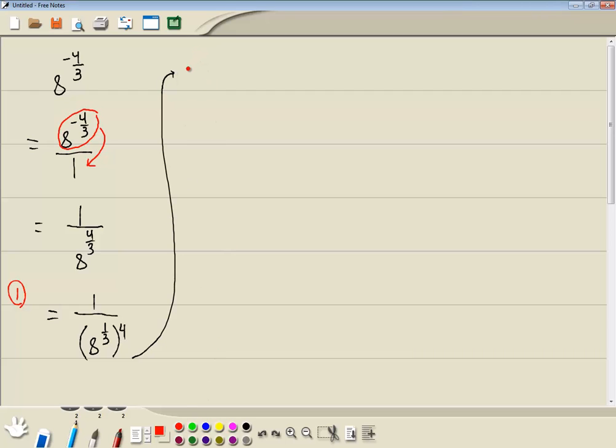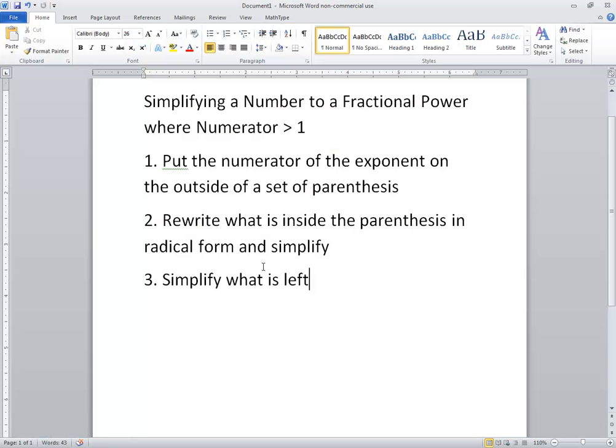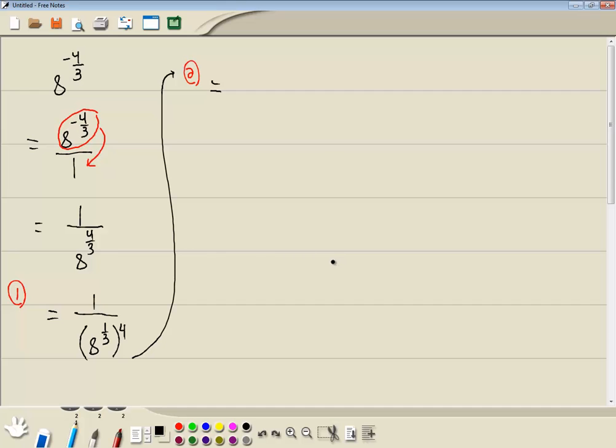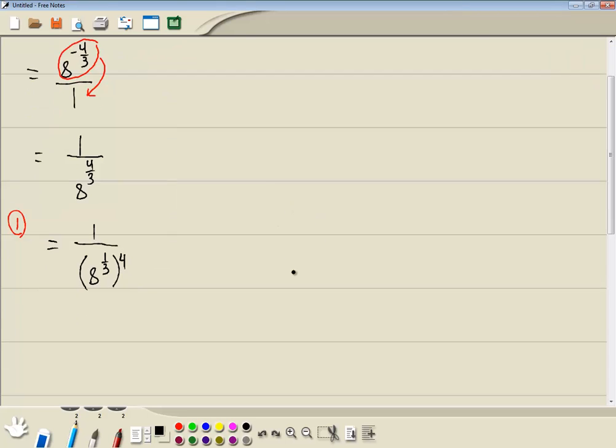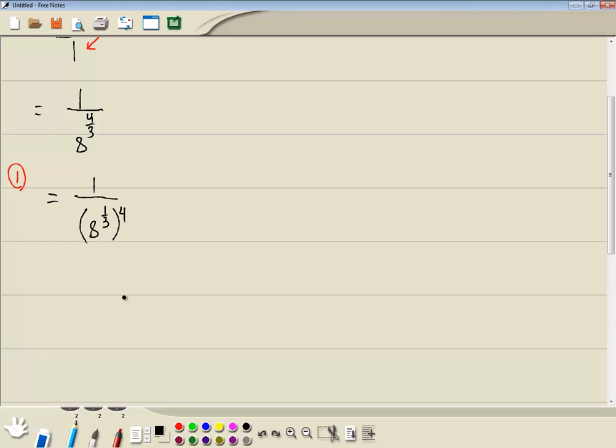Step 2. Rewrite what is inside the parentheses in radical form and simplify. Let's try it again. So step 2. Rewrite what is inside the parentheses in radical form. So we're going to have 1 over the cube root of 8 to the 1st power.